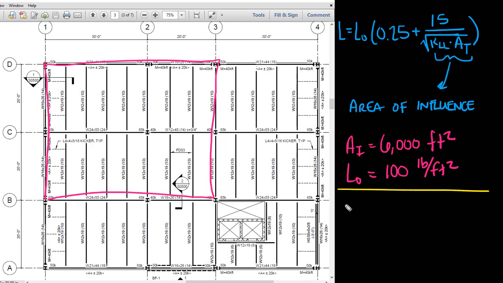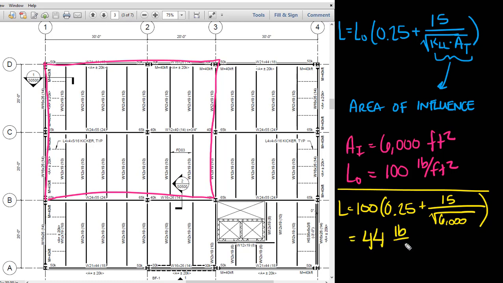So our reduced live load is going to equal that 100 pounds per square foot times 0.25 plus 15 over the square root of 6,000. And that gets us 44 pounds per square foot, which is of course not less than 40% of the original 100 pounds per square foot. And so this is our final reduced live load.